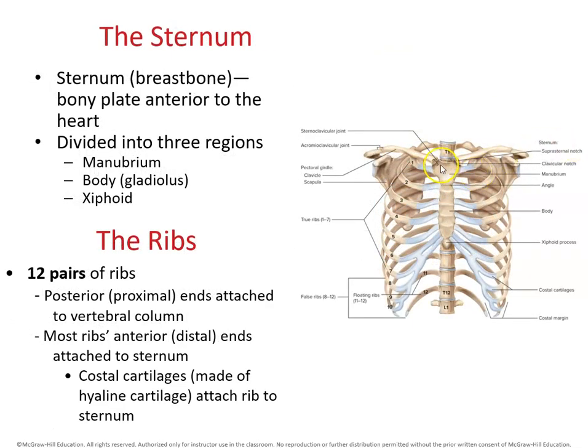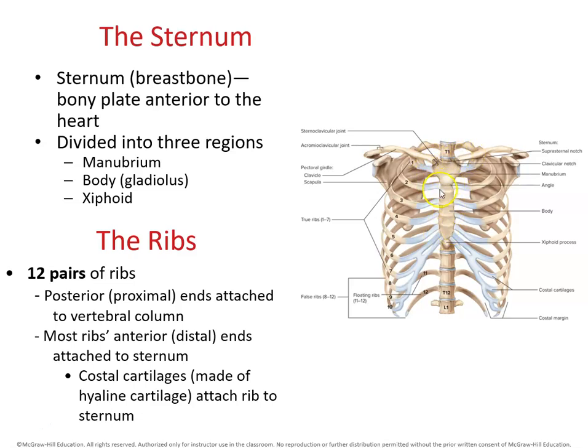So the sternum here in the front has 3 parts, and I'd like you to know these 3 parts. Okay, so up here where the clavicles, your collarbones, are attaching, and this is in the front of your body, so this T1 is like your vertebra in the back, and then your sternum is on the front of your chest. Okay, so your manubrium is the top part connecting to the clavicles.